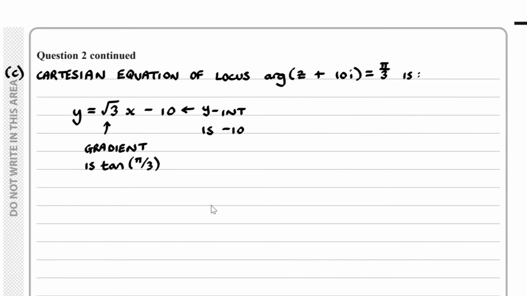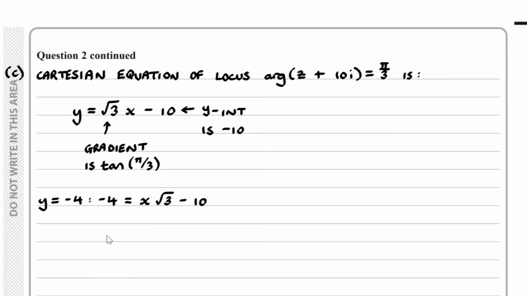So when y equals negative 4, we have negative 4 equals x times the square root of 3 minus 10.